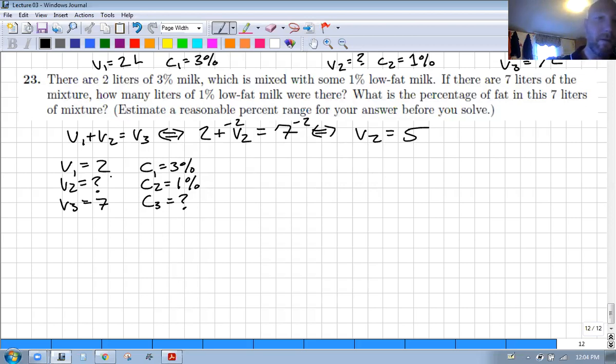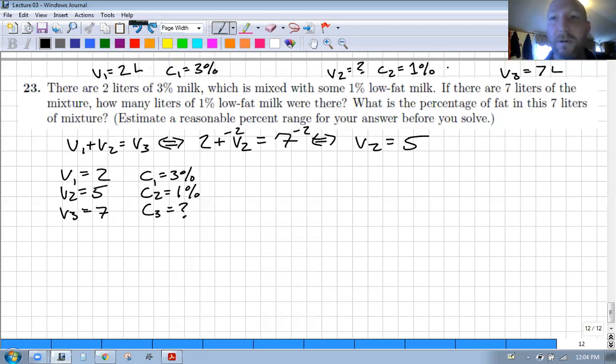So we can change V2 here to 5. Sometimes you have to use this one, because notice they gave us 4 numbers out of our 6 variables. So we're using this one to get a 5th. Now that we have the 5th one, we can solve for our C3.